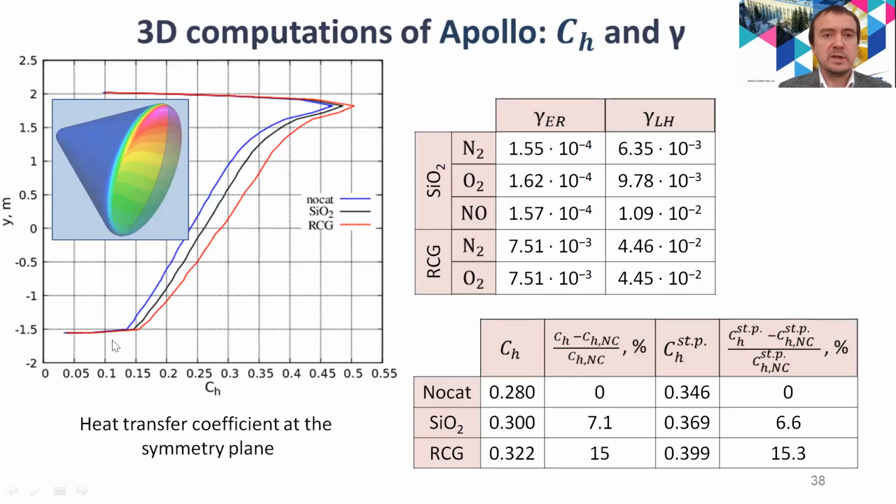And in this slide, we see the distribution of the heat flux in the cross section between the heat shield and the plane of symmetry. And this effect of surface chemistry is clearly seen here.